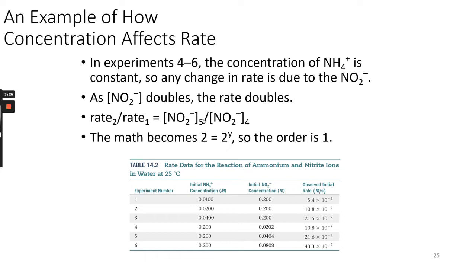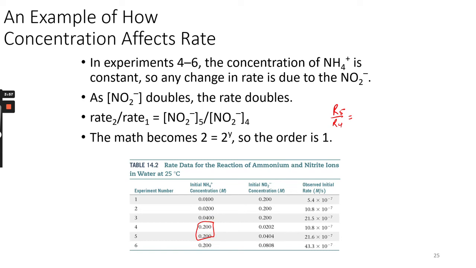Then we do the same thing for NO2 minus. In this case, we're going to compare experiments 5 and 4. We're going to take the rate of 5 and compare it to the rate of 4. And you see this is constant, so we could ignore the concentration of it.